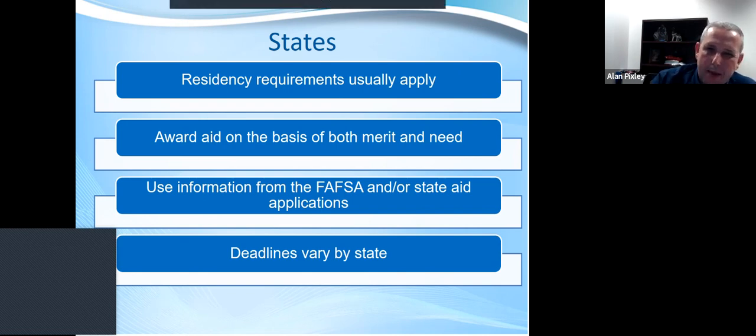The deadlines vary by state. So of course, all we really care about here is Texas, because that's the only place this viewing audience can really receive state aid. If you were going to a university, they do have a priority deadline that is January the 15th. So you want to make sure that you have done the FAFSA by that date to be considered for any state aid.